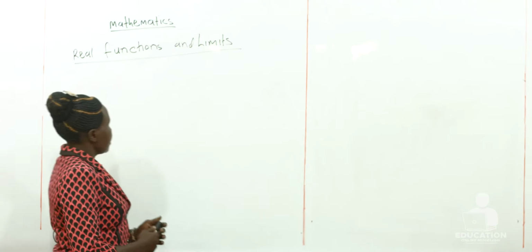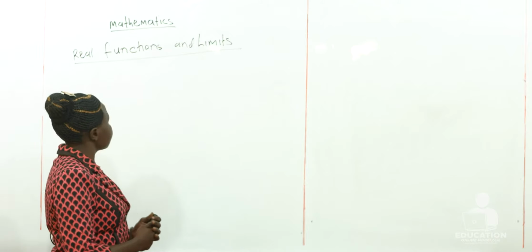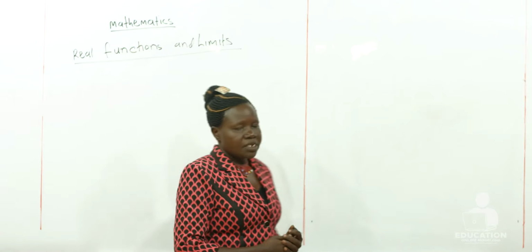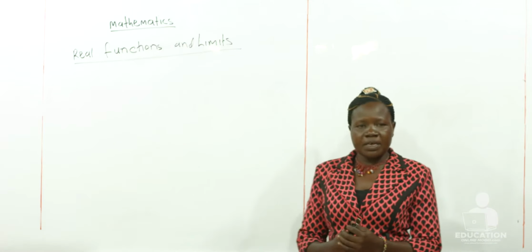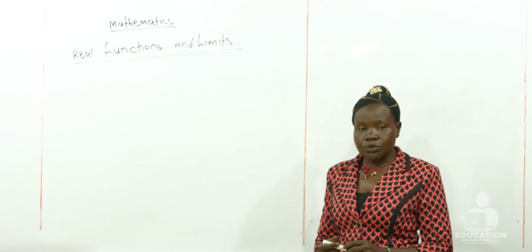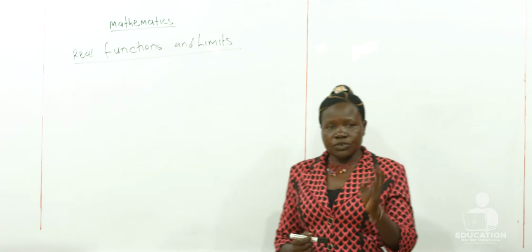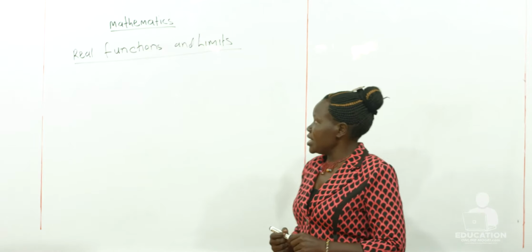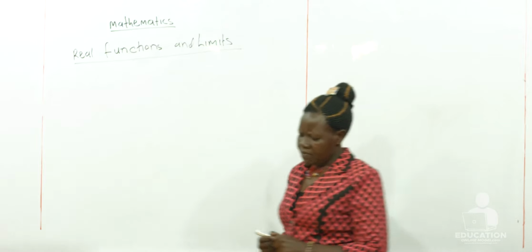So learners, our topic remains real functions and limits. The previous lesson that we had, we were looking at graphing a function. And under graphing a function, we looked at the relationship between linear functions and nonlinear functions.